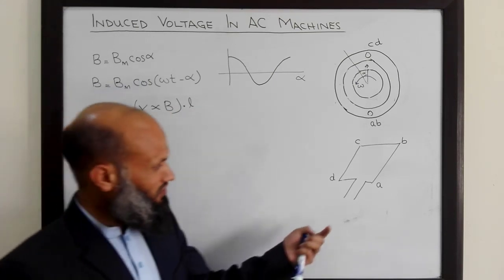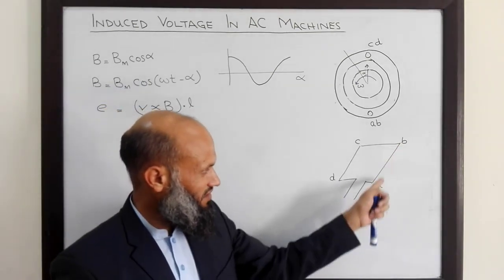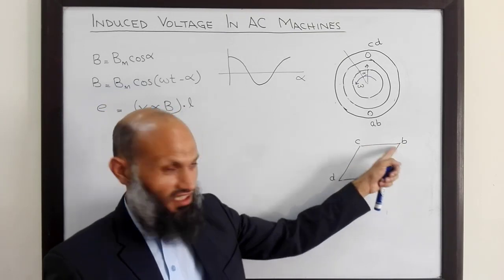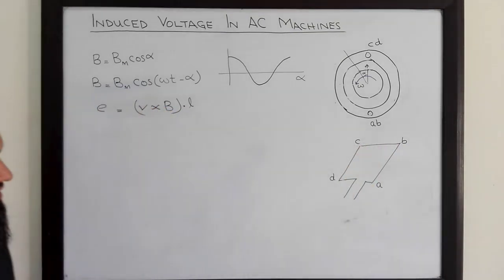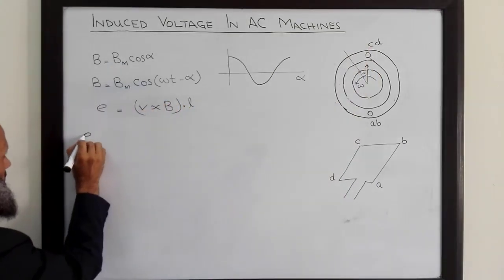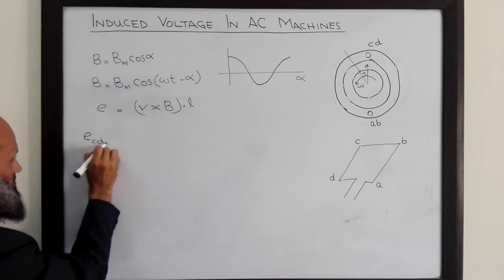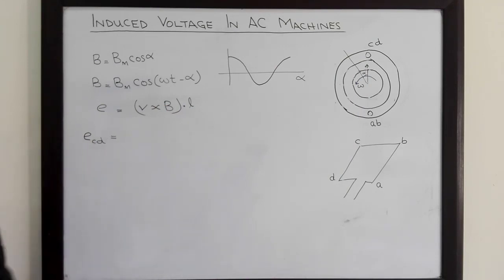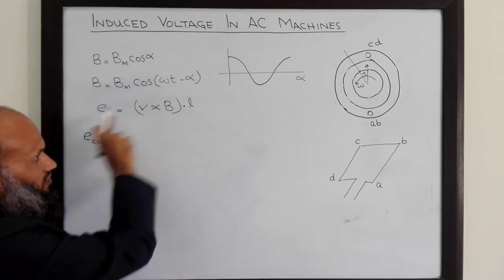So similar to our previous analysis, we shall take each segment of this coil separately. We start with this segment CD, which is easier to handle. So what is the direction of linear velocity?